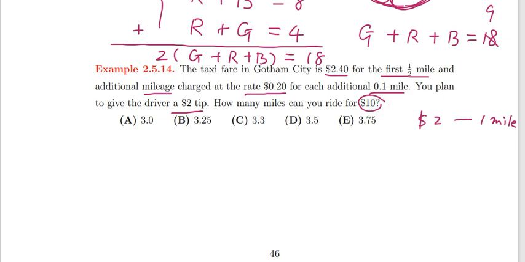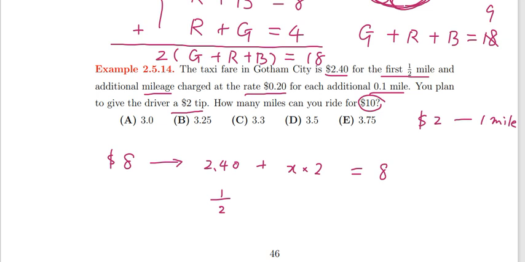Okay. So of $10, you already give $2 for the tip, and the question is how far $8 can run. So the first half mile costs 2.4... Suppose it can run x miles, so x multiplied by 2 equals 8.